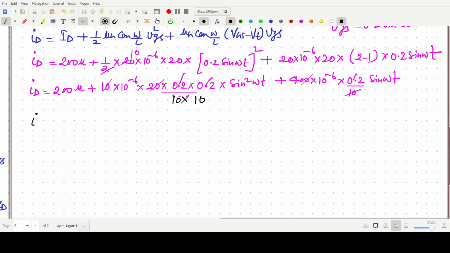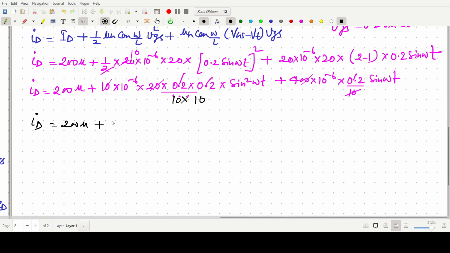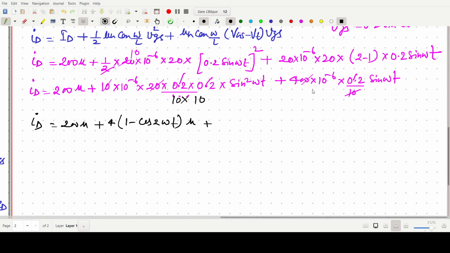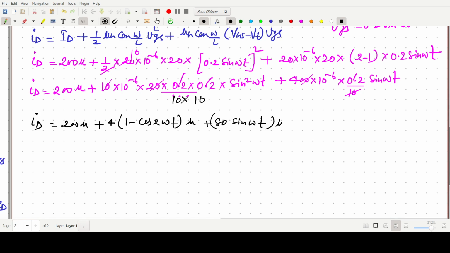Okay, so if we solve, it will come 200 micro plus 4 into 1 minus cos 2 omega t in microampere. Okay, plus you just check, 4 into 2 means 40 into 2 is 80 sine omega t, with the micro term there.